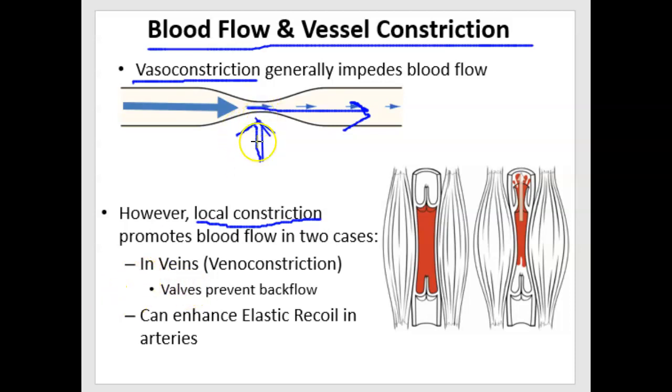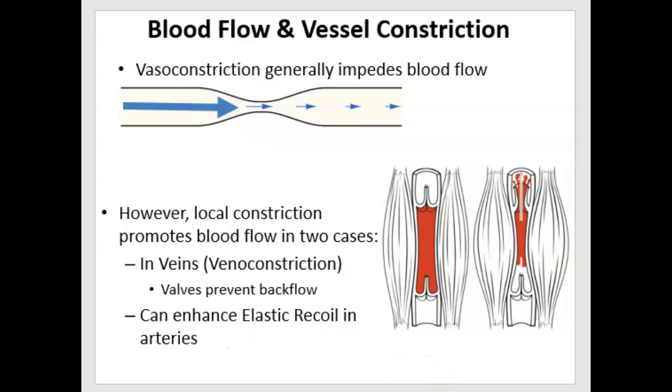This local vasoconstriction helps in the movement of blood throughout the veins, which I've already mentioned, and it helps in elastic recoil, like it helps when the heart's in diastole and the arteries need to keep the blood flowing. So we'll see that sometimes constriction is helpful in moving the blood, and other times we think of it as impeding blood flow.